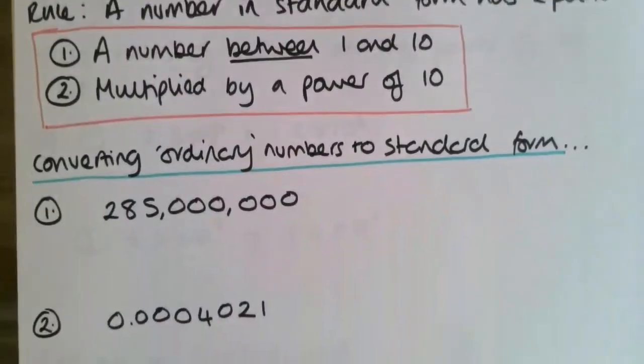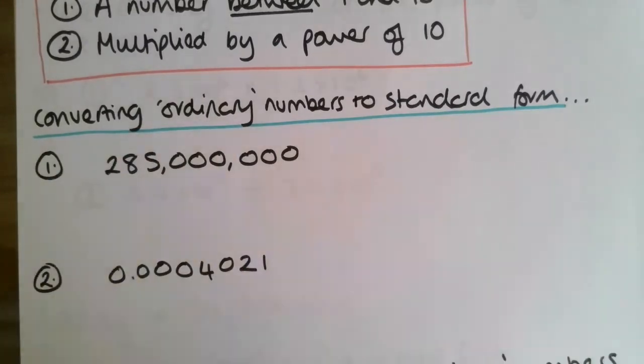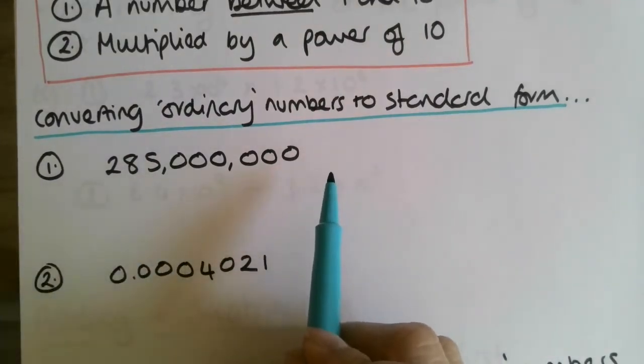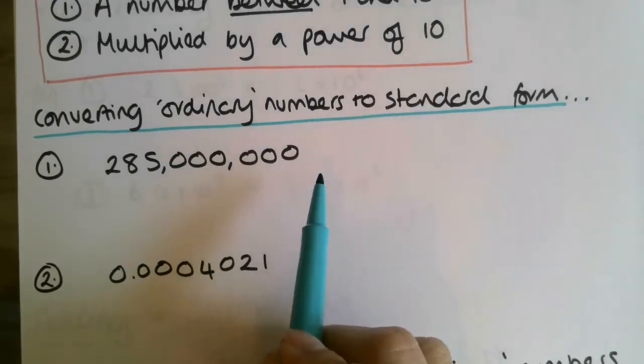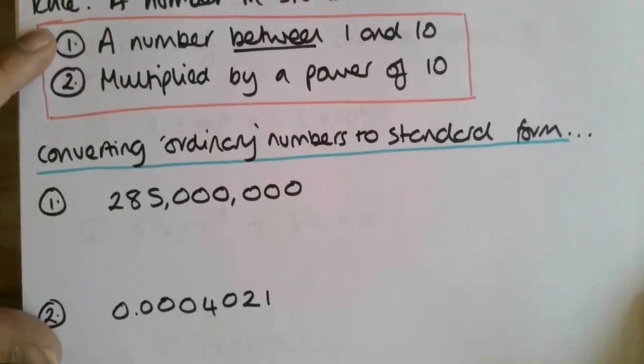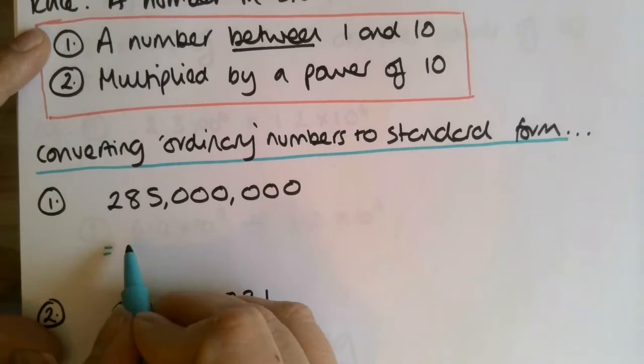So what you need to be able to do first of all is to convert ordinary numbers into standard form. For example, if we have 285 million here, we need to write that in standard form. The first thing I do is figure out the first part, the number between 1 and 10. For this one, that's going to be 2.85.